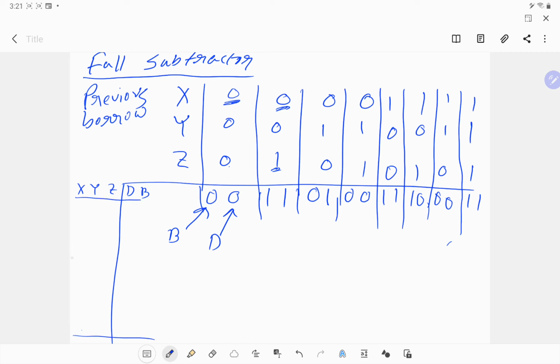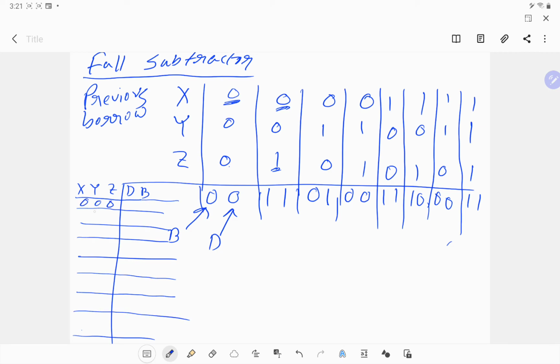So there are 8 combinations. 0 0 0 0 0 1 0 1 0 0 1 1 1 0 0 1 0 1 1 1 0 1 1 1.